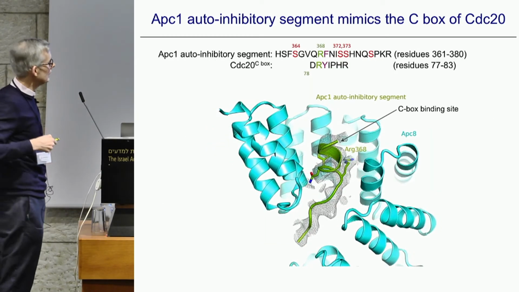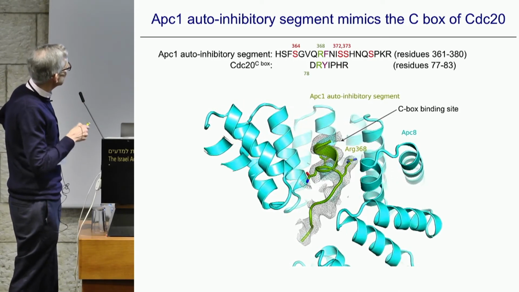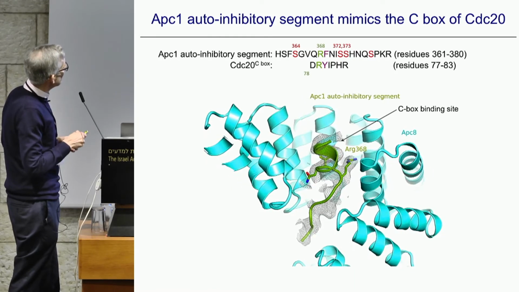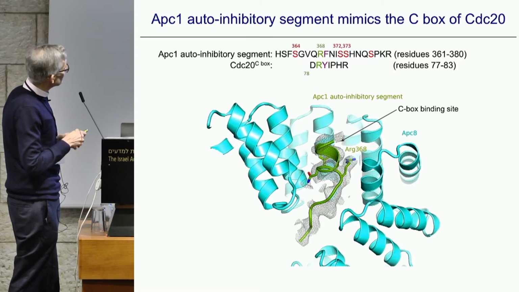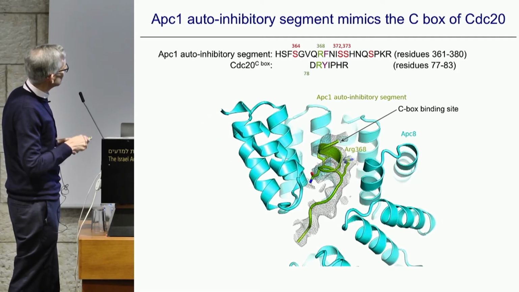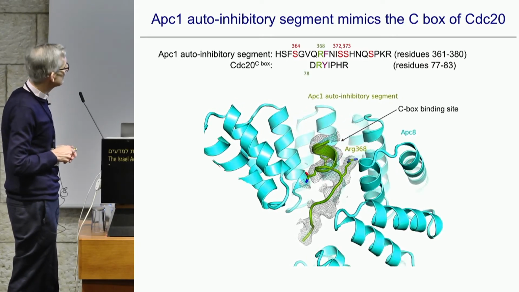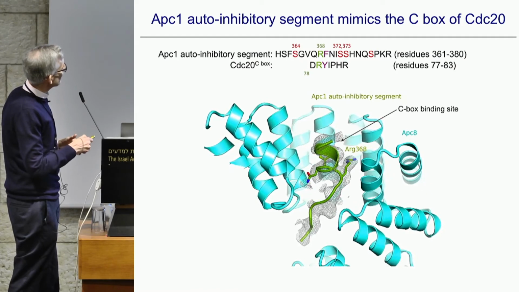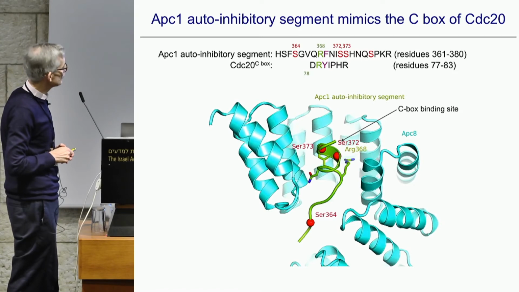And then if we look at this EM density in more detail, we see that the region of the so-called APC1 autoinhibitory segment of the 300 loop actually has sequence similarity to the C-box sequence. And so this autoinhibitory sequence structurally mimics the C-box bound to the C-box binding site. And the sites of phosphorylation which are required to activate the APC are flanking this region which mimics the C-box binding site of the co-activator.